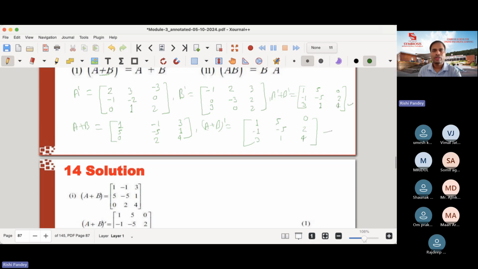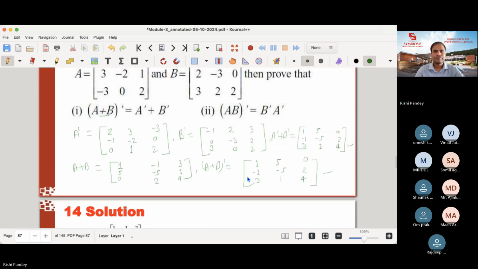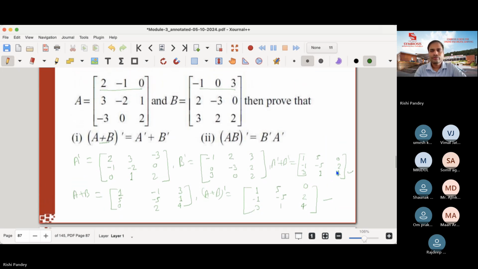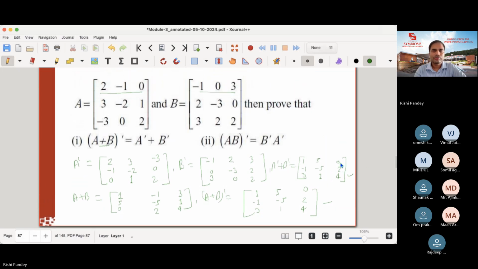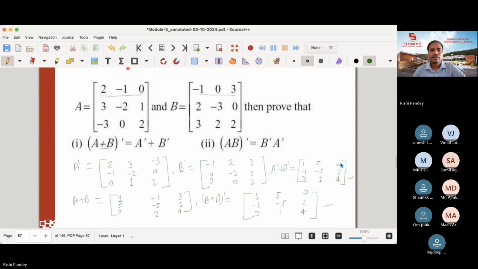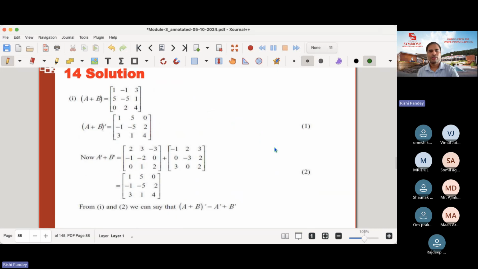So you see here these two are equal or not? Isn't it? So we can say that yes, both are equal. Transpose will not affect the addition. So if you add and transpose, or individually transpose and add, both are right. Okay. But for multiplication, it is different. If you are taking the transpose of AB, you must take B transpose and A transpose. Okay. So that is different.